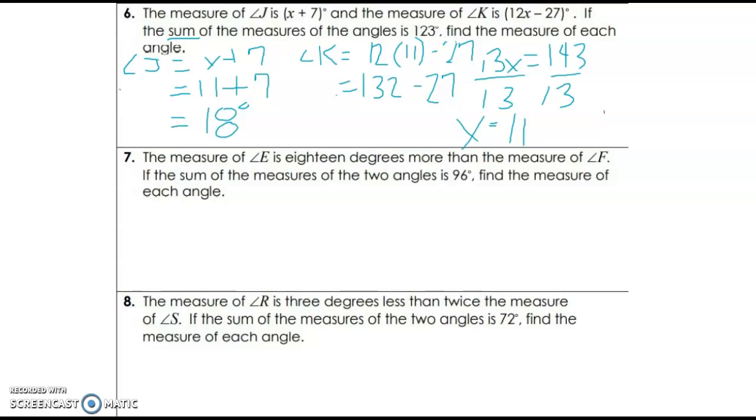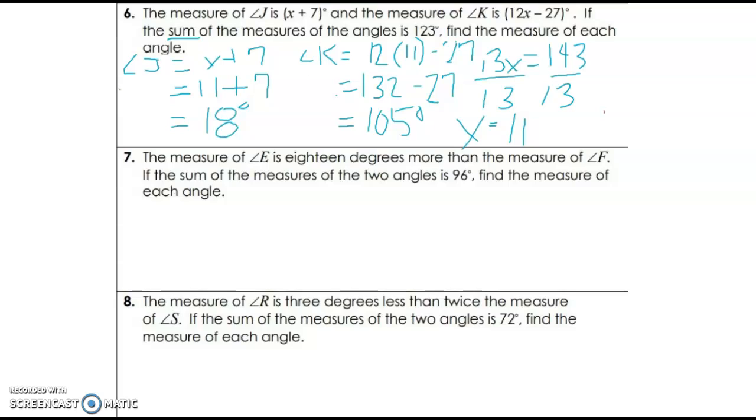When we subtract 132 minus 27, that's going to leave us with 105. So that means angle K is 105 degrees. So that's how you find the missing angle measure.